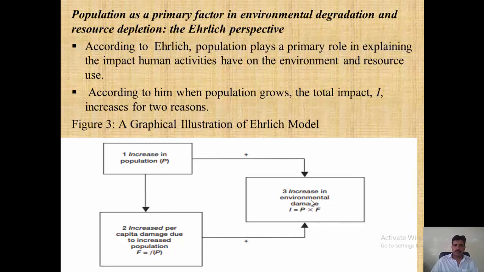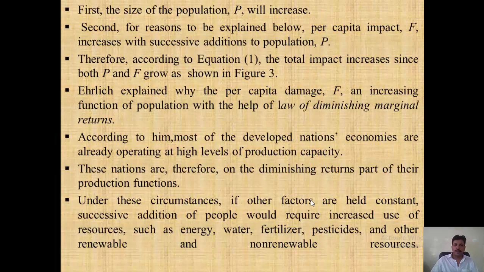So this means that according to the Ehrlich perspective, population increase affects environmental damage in two ways. First, the size of population P will increase.